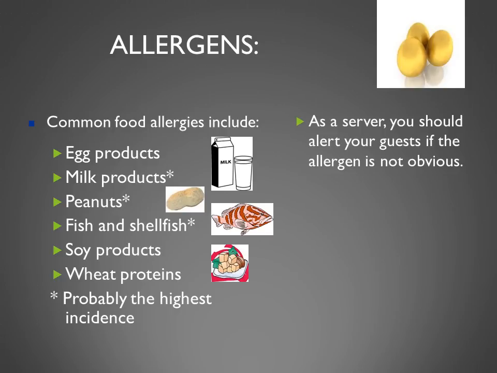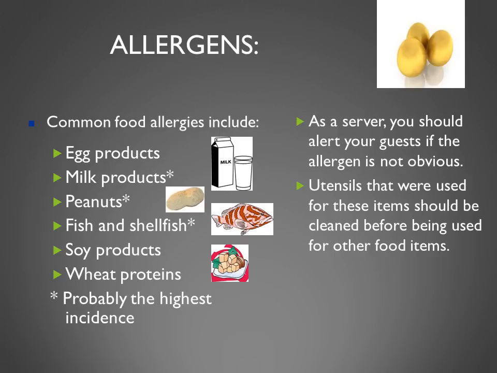As a server, you should alert your guests if the allergen is not obvious. For example, for scrambled eggs, chef can put some milk in there. Probably not a problem because they cooked it, but could be a problem. And so for someone who's allergic to milk, you need to let people know that the chef uses milk in the product, that type of thing.